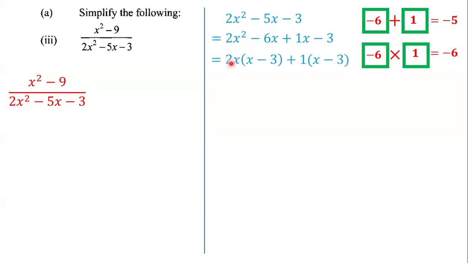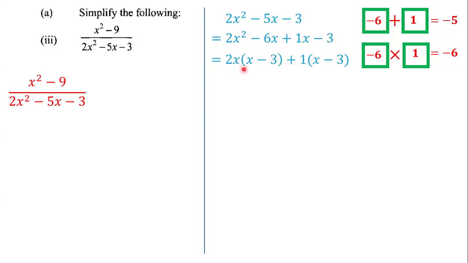So we factor out the 2x, and we are left with x minus 3. And we know we're right because 2x multiplied by x is 2x squared, and 2x multiplied by negative 3 is negative 6x. In this case, we notice that 1 is a factor in this term, and 1 is a factor in this term. So we factor out 1, and so we have 1 times x, which is 1x, and 1 times negative 3, which is negative 3.